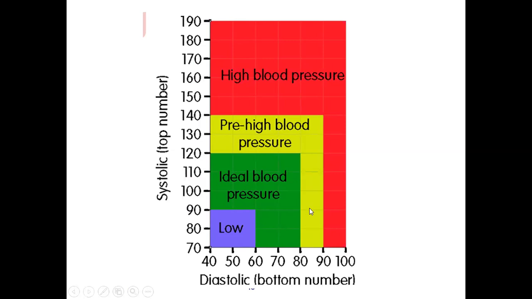High blood pressure is bad because it's putting more pressure on your heart. It's making your heart work harder, and your heart's not going to last as long if it has to work harder, right? That could be caused by a blockage somewhere. The heart has to pump harder because you have a blockage. For some people, it's just a genetic thing that they have higher blood pressure, and you might ask your parents to see if that runs in your family.